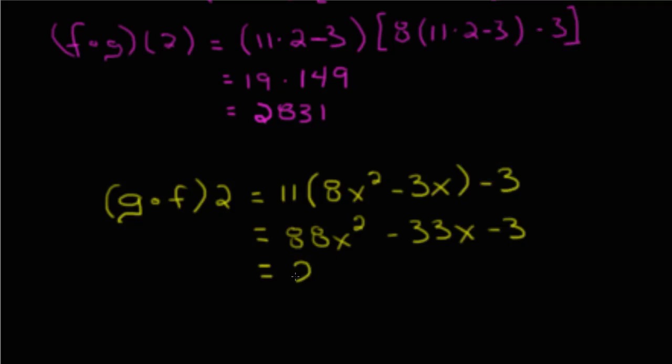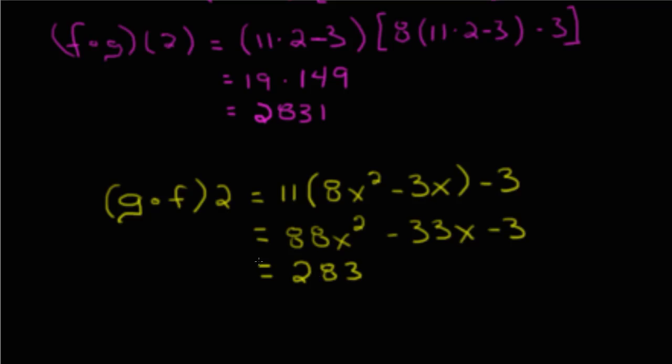So you can see it makes a big difference in what order you do the composition here. f composition g is 2831. g composition f at 2 is 283, a factor of 10 basically. So the order of composition makes a difference when you're trying to evaluate the composition of functions.